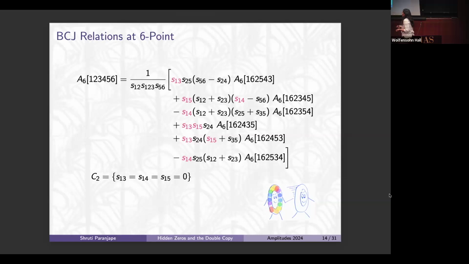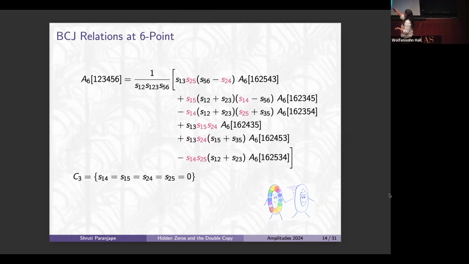Okay. On the second zero, you can see that every single prefactor in front of these amplitudes vanishes. So without thinking about what these actual 6-point amplitudes are, you can see that this amplitude on the left-hand side has to vanish in these limits, right?